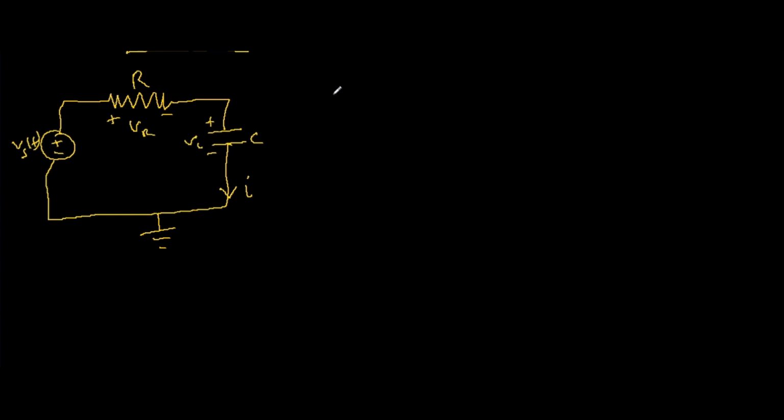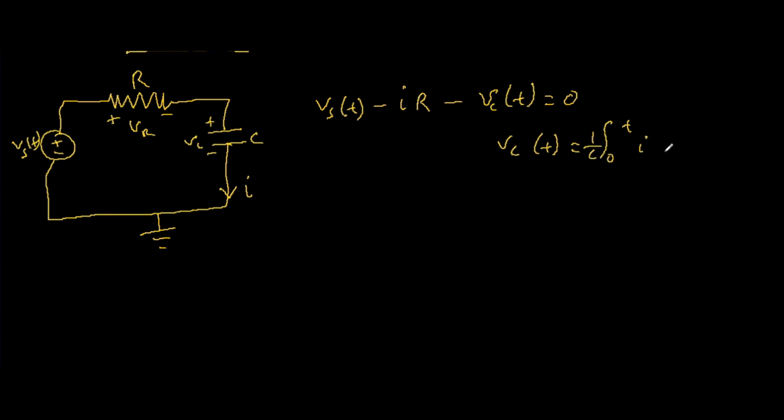Differential equation model, first place to start from. So we have our Vs of t, subtract our I times R, subtract our Vc is equal to 0. Now, what do we know of Vc? Vc is given as the integral from 0 to t of 1 over c multiplied by I dt.